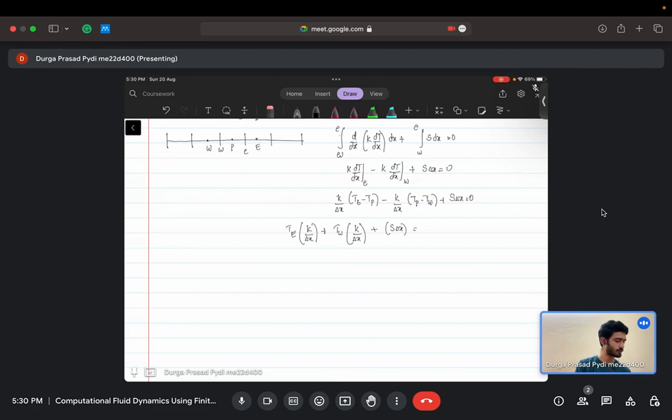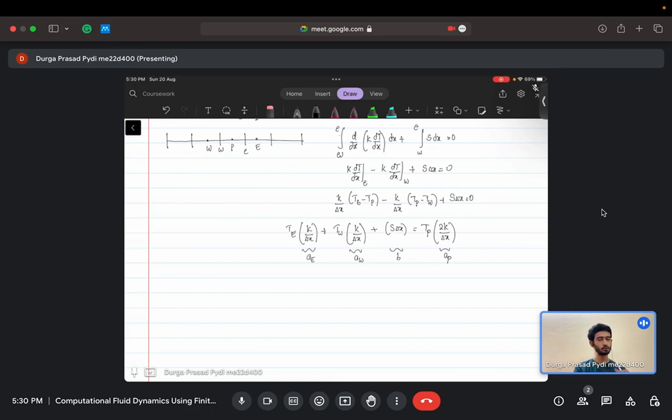If you group the terms for Tp, we have 2k over delta x. So this is my A east, this is my A west, this is my B term, and this is my AP term. This is fairly straightforward.